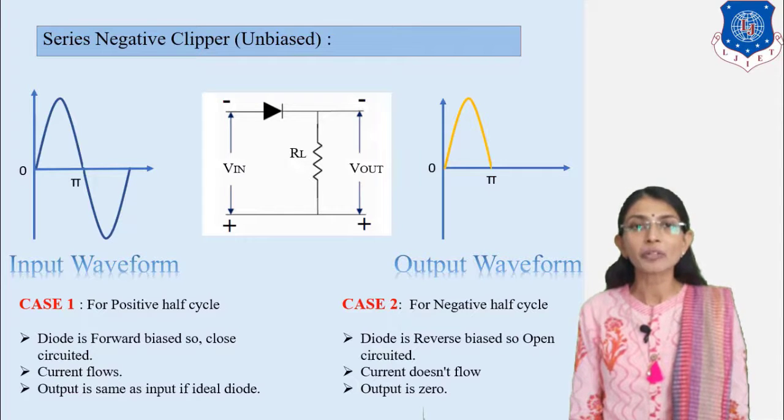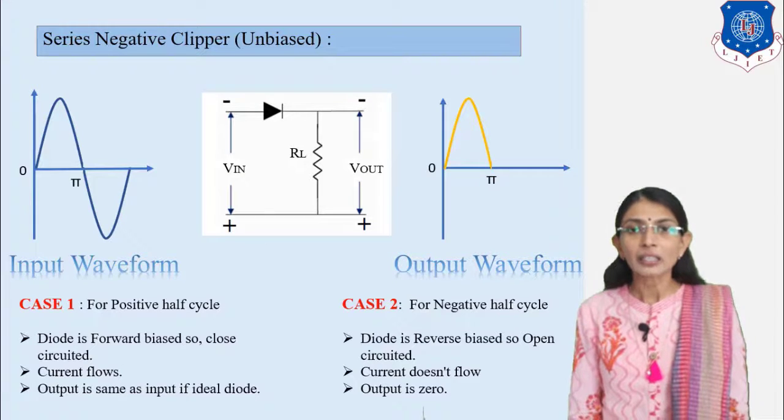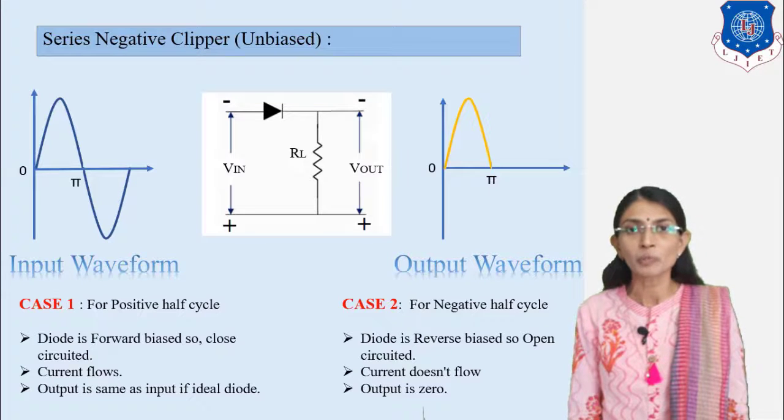So this is a reverse bias connection. As per the rule, in the reverse biased condition the diode behaves as an open switch, so if the diode is an open circuit, then current cannot flow. And if current is 0, we can easily understand that the output will be 0, V equal to IR as per Ohm's law.